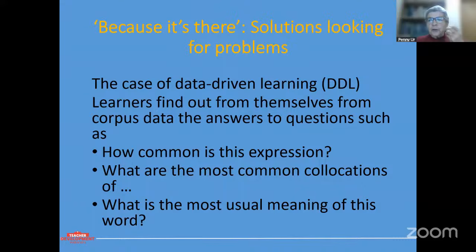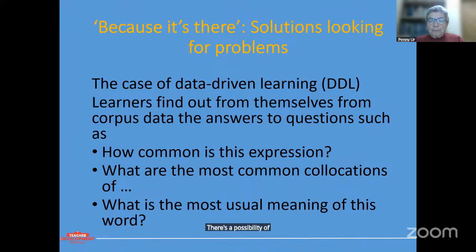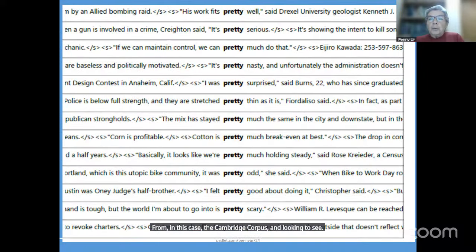I can't see that the text block is working, so just think for yourselves. There's a possibility of the teacher telling them, and there's a possibility of going to the data from, in this case, the Cambridge corpus, and looking to see how pretty is used.